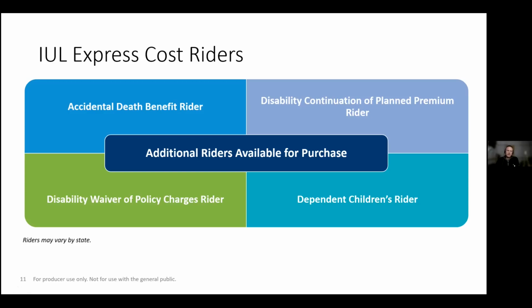Our fully underwritten products do allow income advantage and life protection to be two weeks old on up. We do not have it for IULE right now, and I'm not sure exactly when.